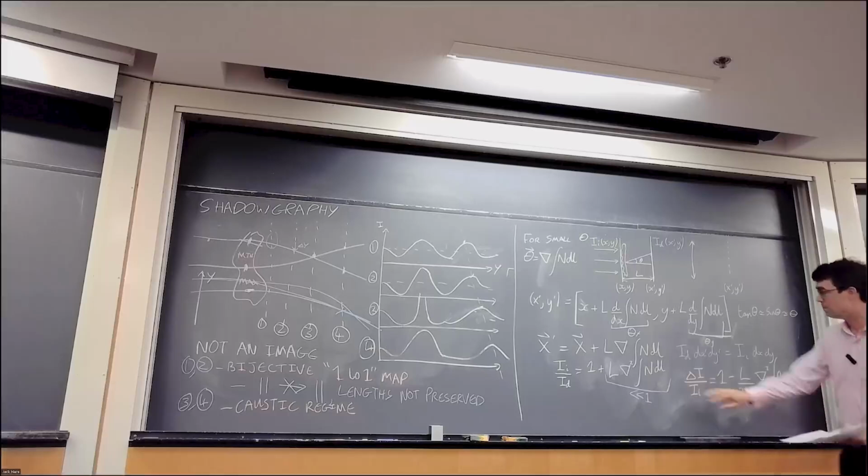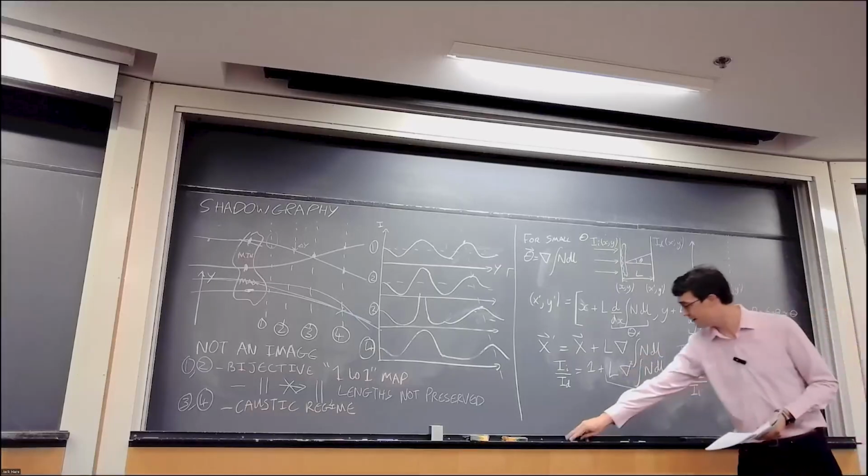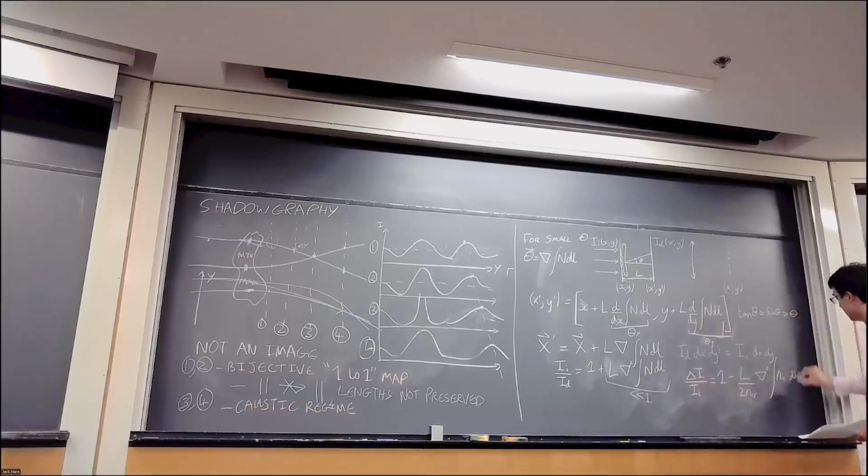So again, we've made an assumption that we have small intensity variations. We've also made the assumption that n_e is much, much less than n critical. So we can use this nice linear formula for the refractive index of the plasma. This simplifies it. So this is kind of like our final nice result here.